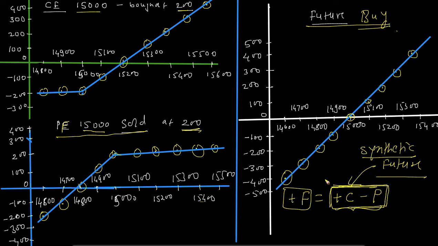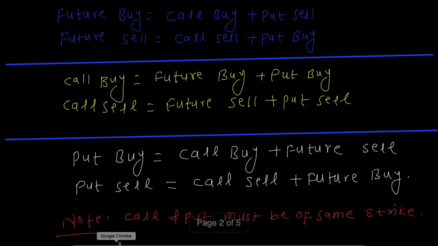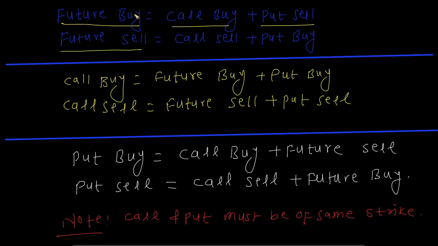Having understood this graph, let's try to understand the formula. Future buy is equal to call buy plus put sell. This we deduced from a graph, and we verified it from a graph. Now, if I want a future sell, it is equal to call sell plus put buy. In future buy we had call buy and put sell.